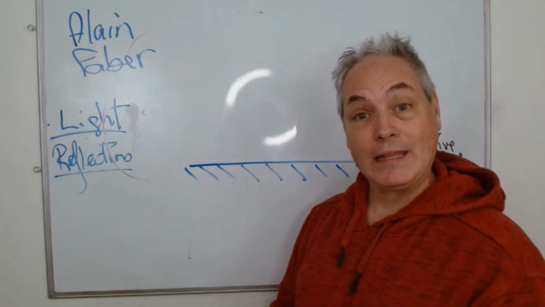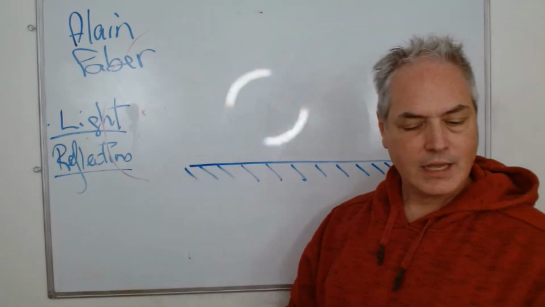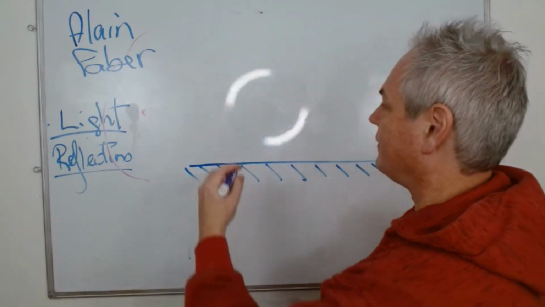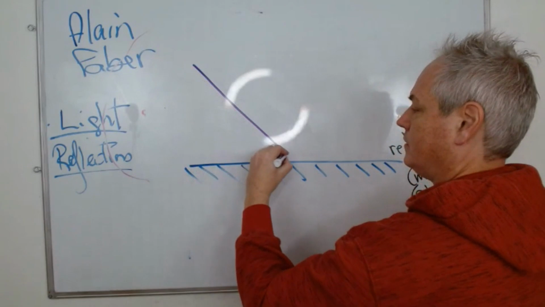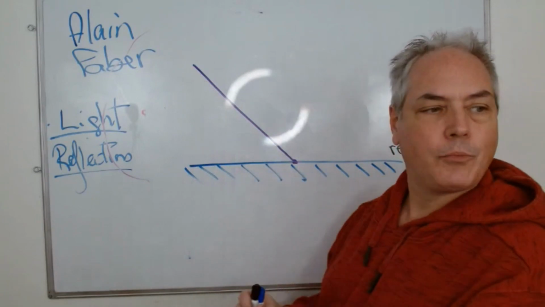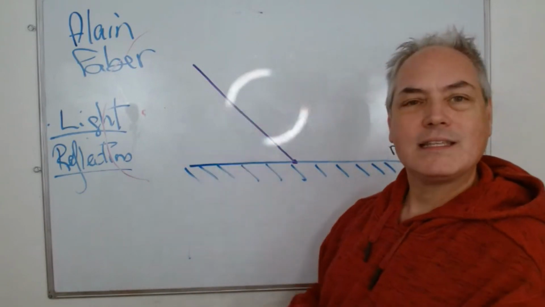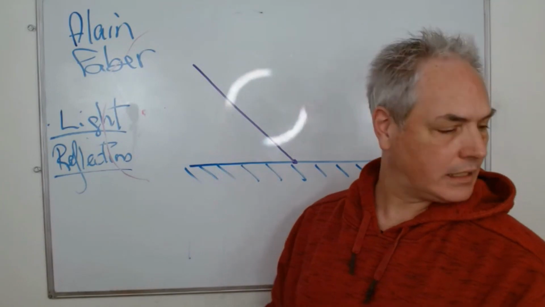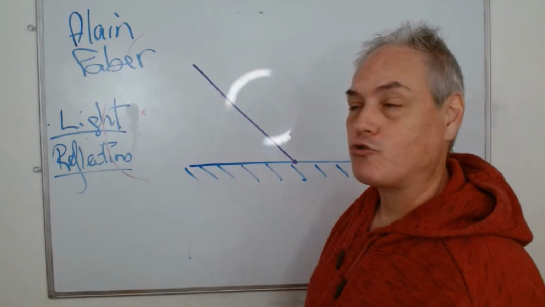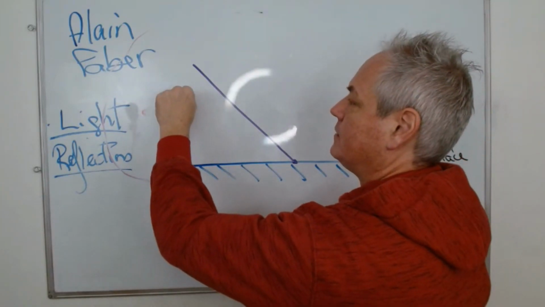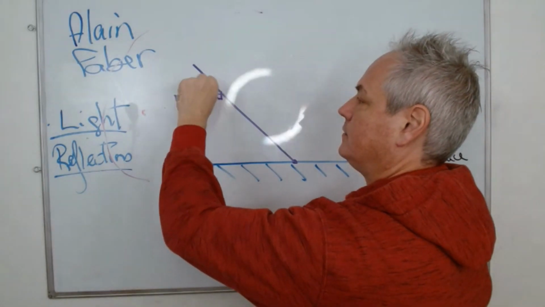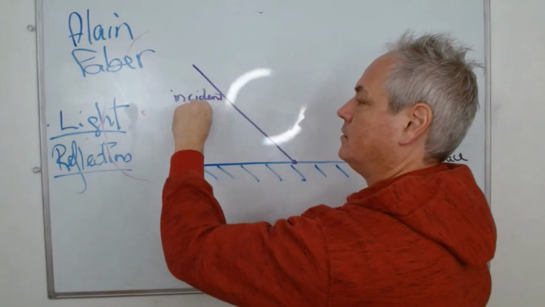So when you have a plane mirror like this one, and we have a ray of light coming this way, it touches a point right here. This is what we call an incident ray.